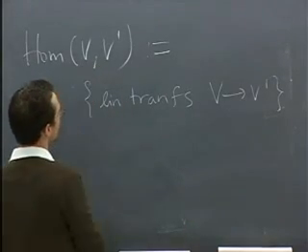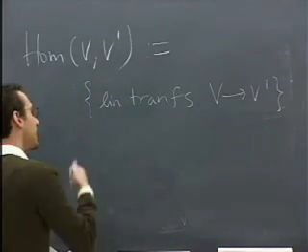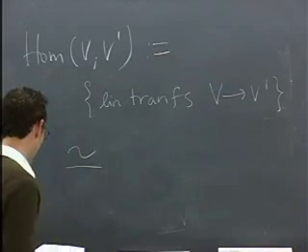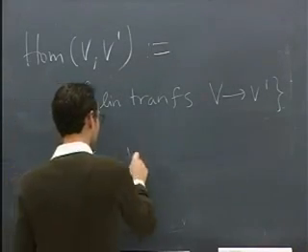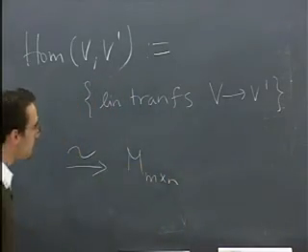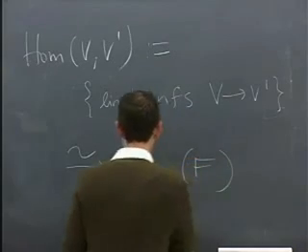Given a choice of bases, this is essentially the same thing as, or exactly isomorphic to, the m by n matrices over F.